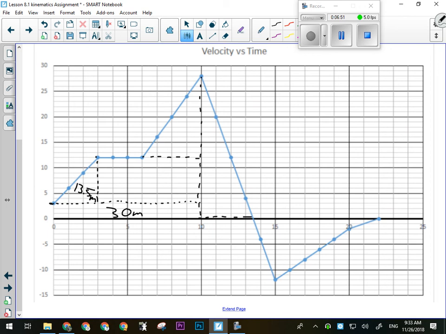So 9 times 7, we're looking at 63 meters. Then do the triangle again, base times height over 2, and you're golden. All we're doing here is finding the area of each shape. Then at the end, I add them up, including these ones that are negative. That'll take some displacement off because it'll have been retracing its steps.